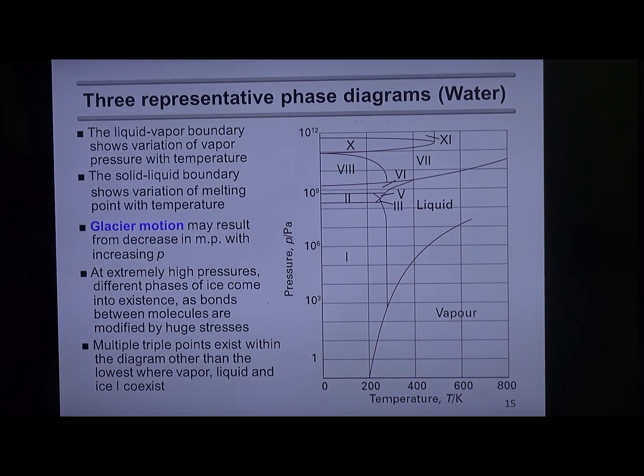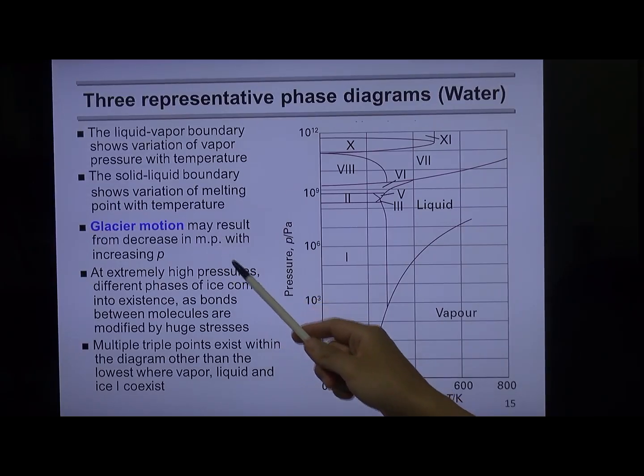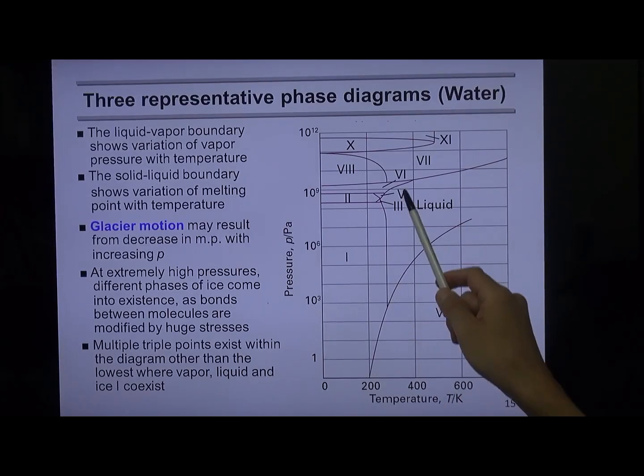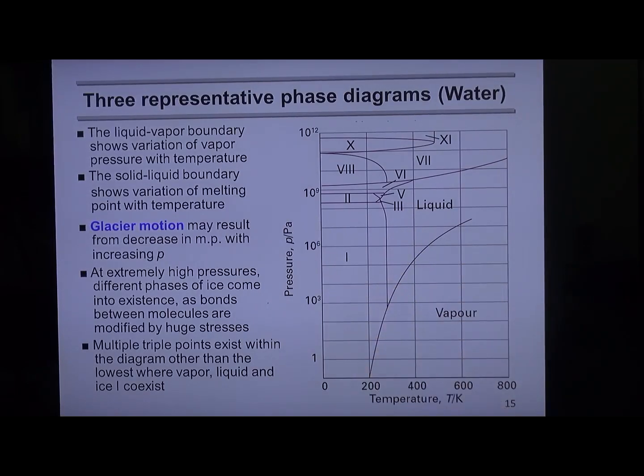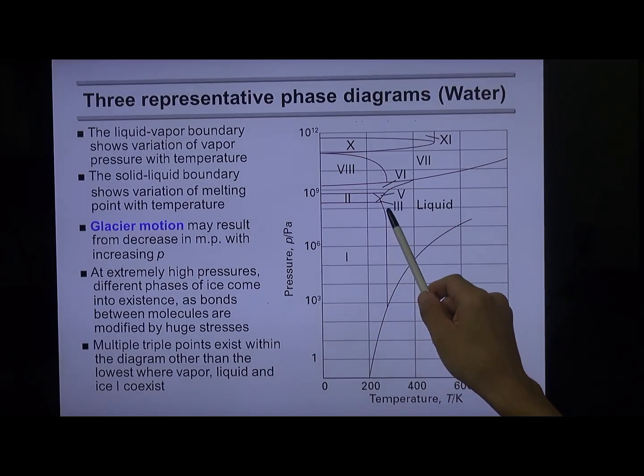If you watch a documentary of Antarctica, something like that, you see very large glaciers move, right? It's very unlikely that a heavy glacier moves, right? That might be due to this phase diagram, because as we increase the pressure, since the glacier is very heavy, the pressure at the bottom would be really huge, right? The melting temperature decreases, okay?